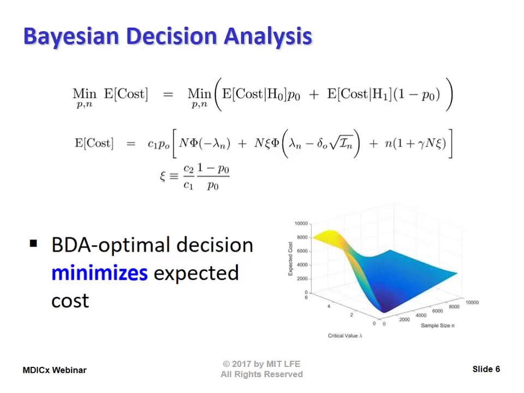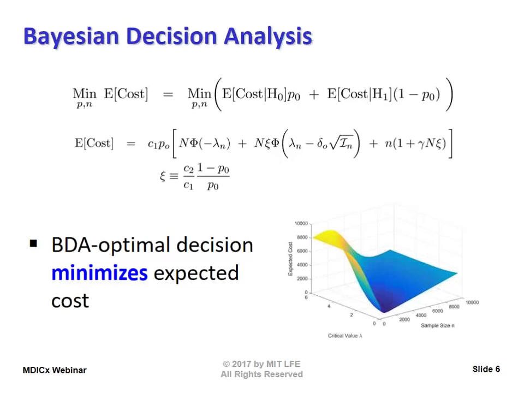So the basic idea behind Bayesian decision analysis is to do what I mentioned at the very first slide. That is to figure out what the trade-off should be between type 1 and type 2 error, recognizing that there are costs to both of those kinds of mistakes. And so the typical approach that a Bayesian decision analyst would take is to try to minimize the average cost of those two mistakes.